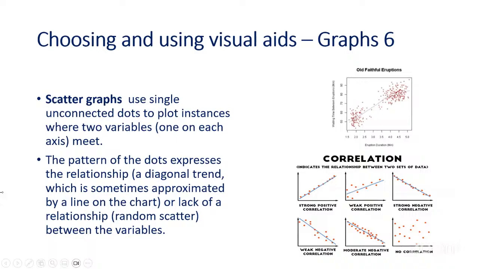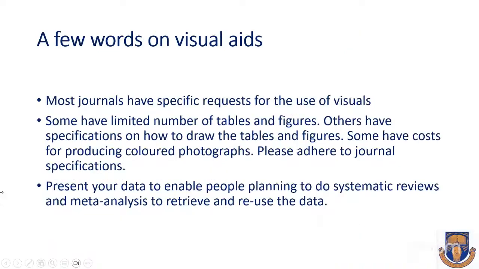So we'll be rounding off shortly, but let me just give us a few words on visual aids. Most journals have specific requests for the use of visuals. Some have a limited number of tables and figures. Others have specifications on how to draw the tables and figures. Some have costs for producing colored photographs. Whatever it is, ensure you adhere to the journal specifications. Otherwise, your manuscript may not even be reviewed.